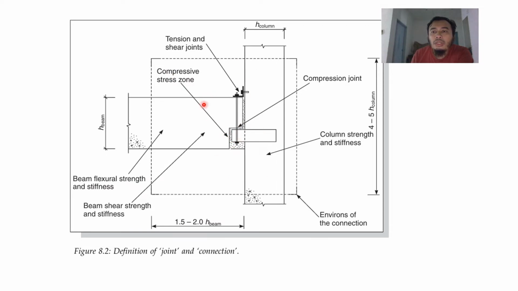Although the actions are mostly at the end of the component, for example this beam, your design should be between 1.5 to 2.0 of the height of the beam. So you need to design the stirrups up to this length.